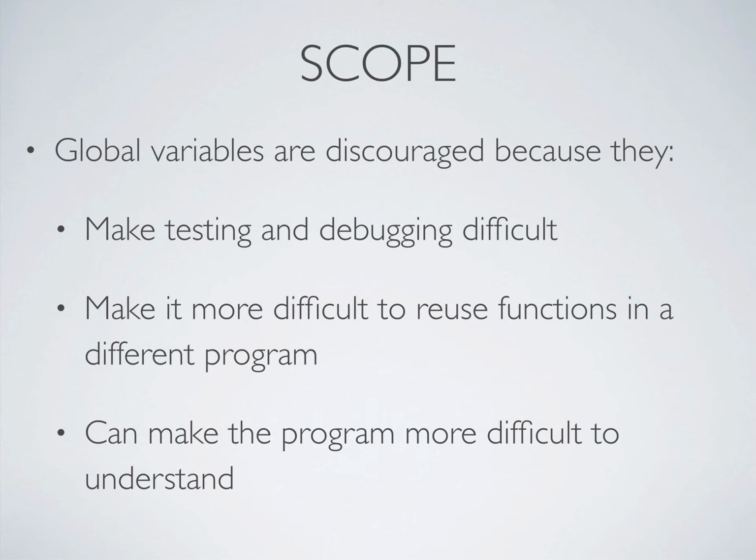Now this goes back to the idea of why creating functions helps making testing and debugging more simpler, right? So the reason why it's easier to test and debug when you have functions is because when you split up your code into smaller pieces, it's really easy to say, okay, the bug is isolated to this function, which is this, however many lines of code, which means I can now just look at these 4 or 5 lines of code right here inside this function.